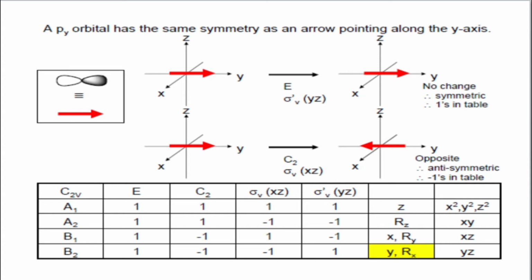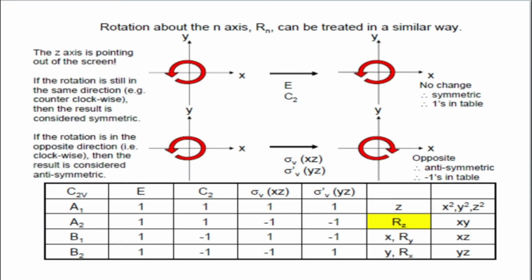Now let us understand rotatory functions. Here I am representing the z rotatory function. So you can consider the z orbital or z axis which is rotating. If we perform identity and C2, the direction of rotation will not change. Here we have to ask whether the direction of rotation changes or not.